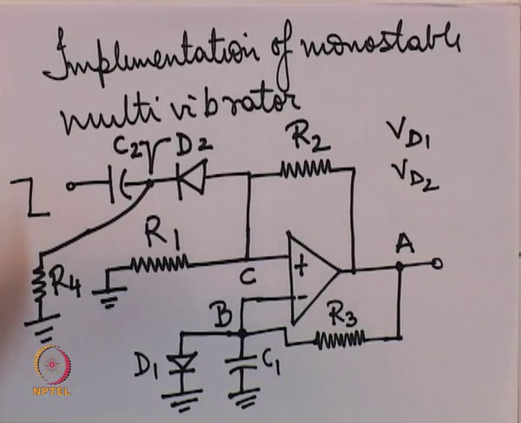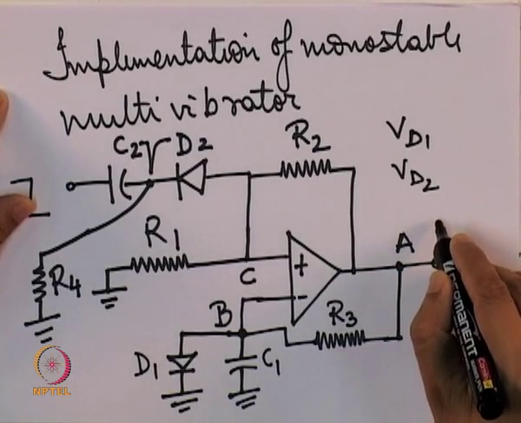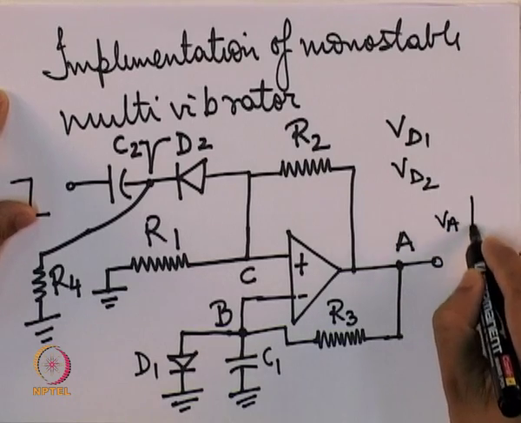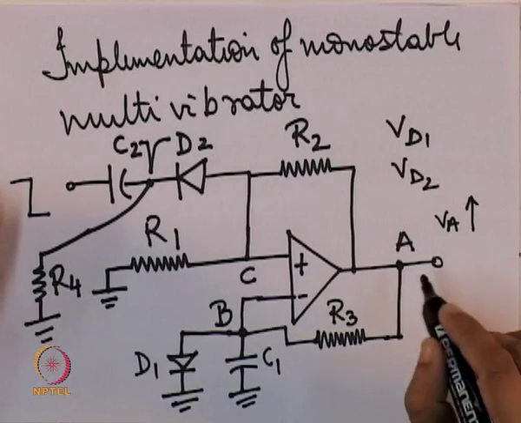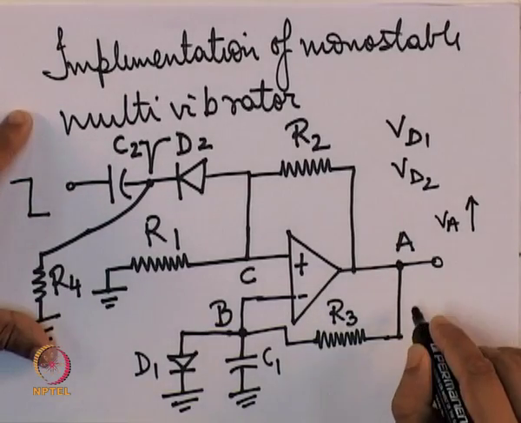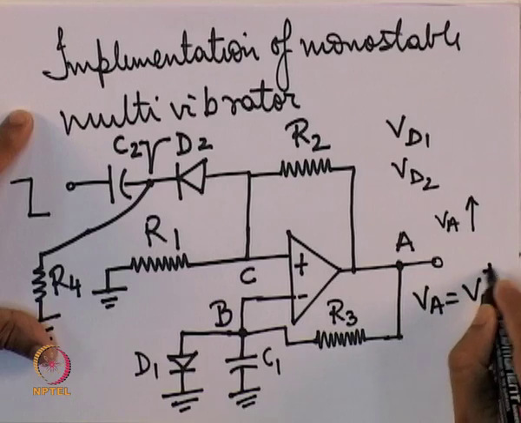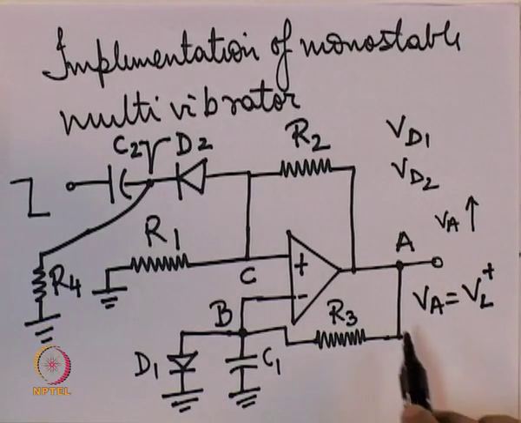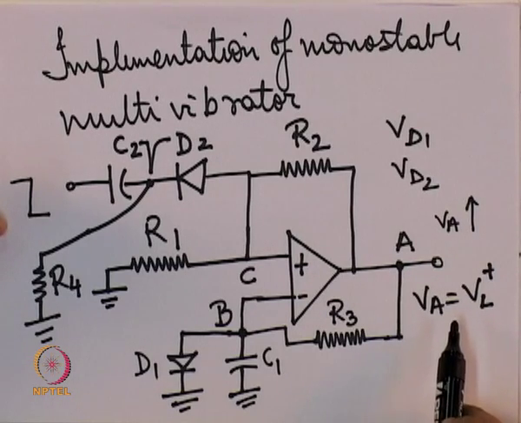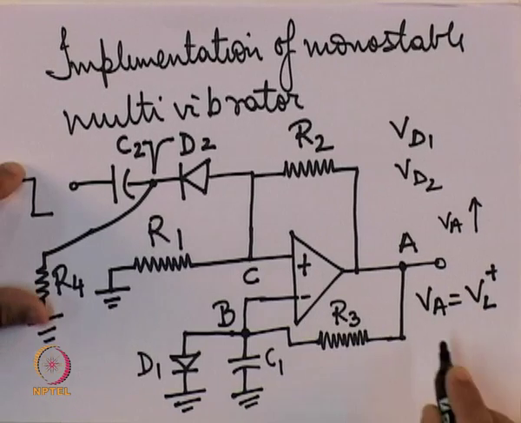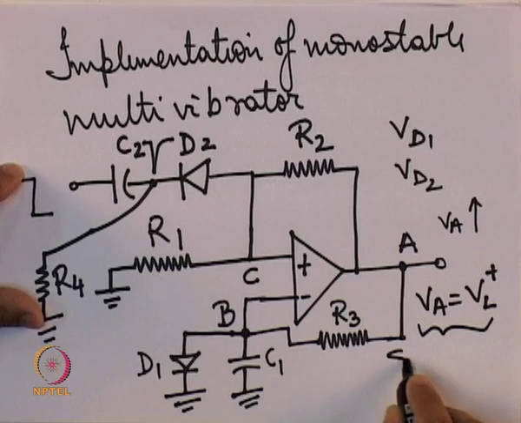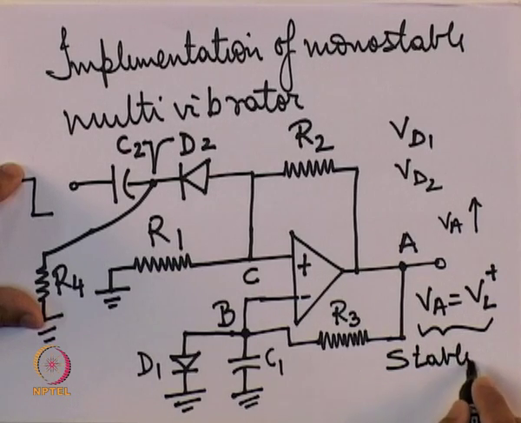Now, say initially the output voltage, this VA, is high, or in other words VA is equal to VL plus, where VL plus is the upper saturation voltage of this op amp. This state, VA equal to VL plus, is the stable state, as we shall see.